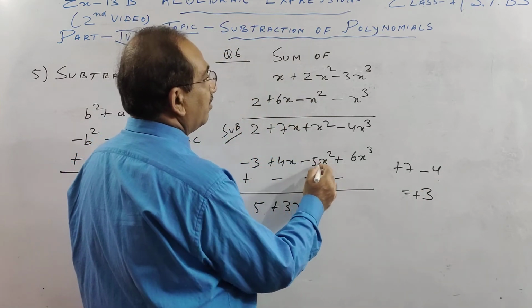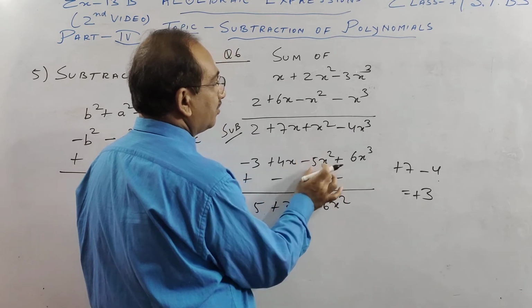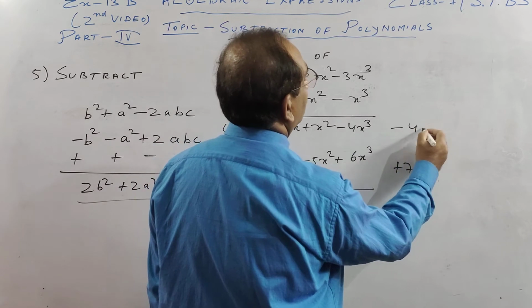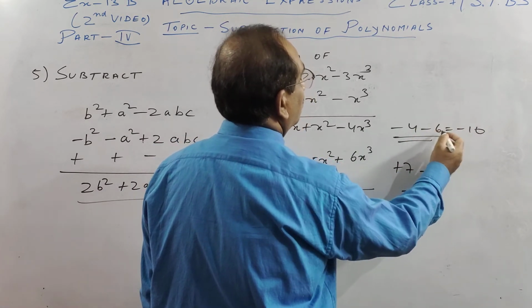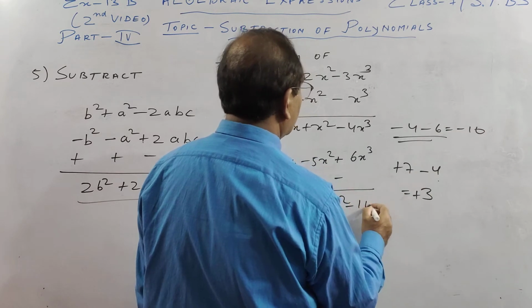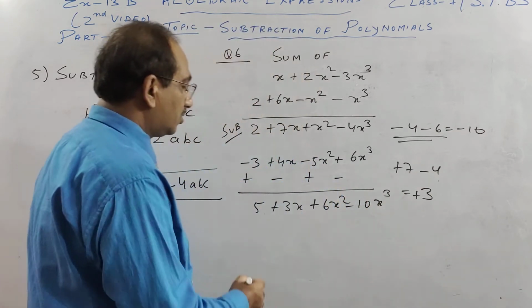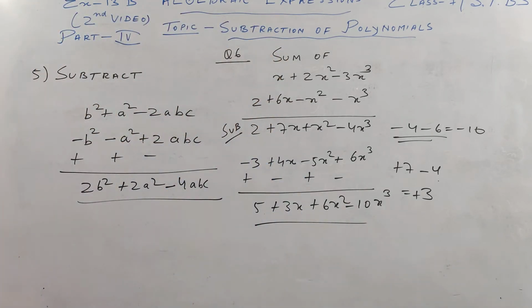Plus 5x square plus x square plus 6x square. 5, forget this, 5x square plus x square. Minus 6 square minus 4x square. So minus 4 and minus 6 is minus 10. Minus minus is added, both the terms with the minus sign. So minus 10x cube. So just see and copy.